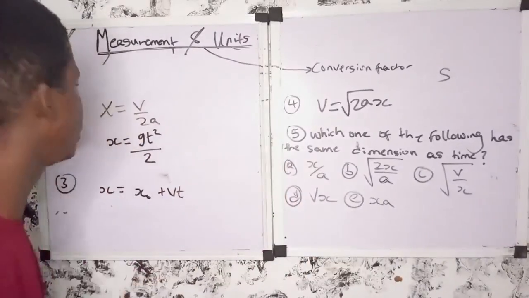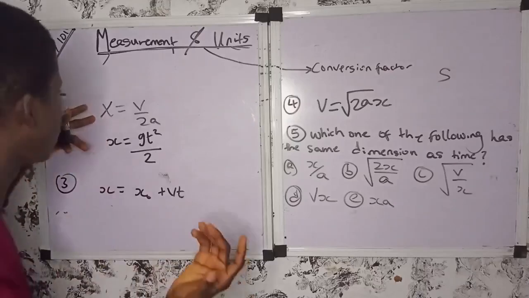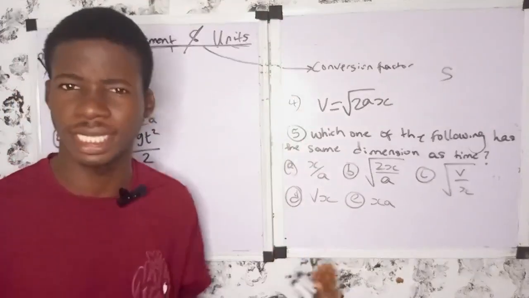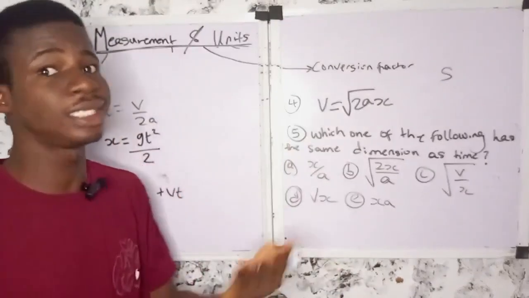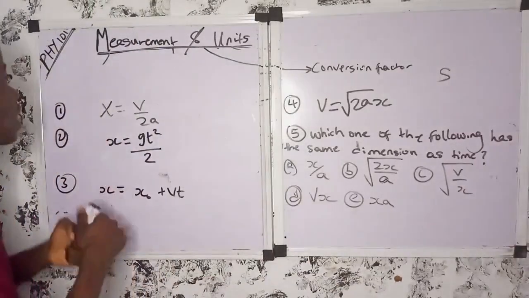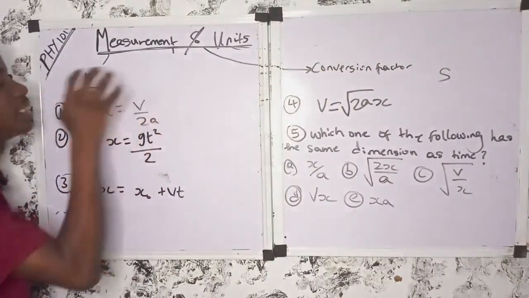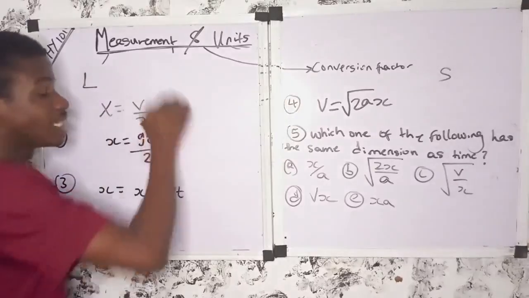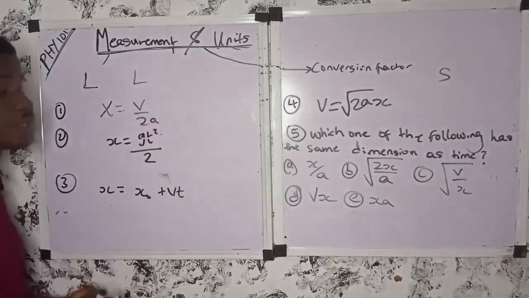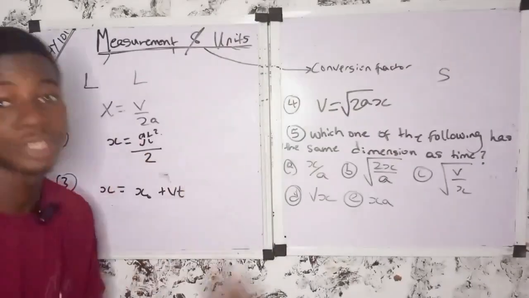The left side is x, which is distance, and the dimension of distance is the same as length, capital letter L. If the total dimension we get is L, we know that this equation is correct, but if we don't arrive at L, the equation is not correct.